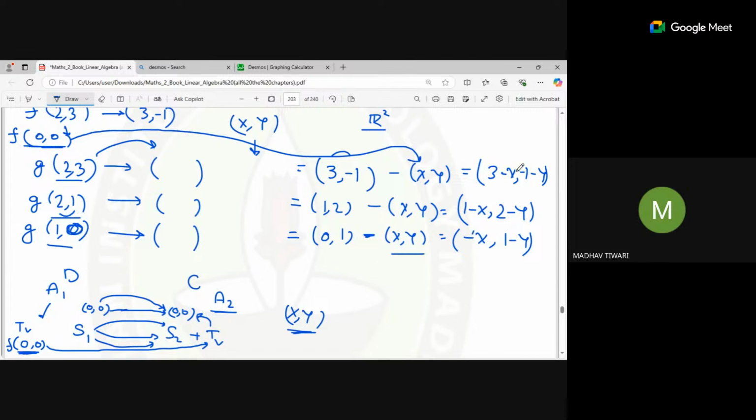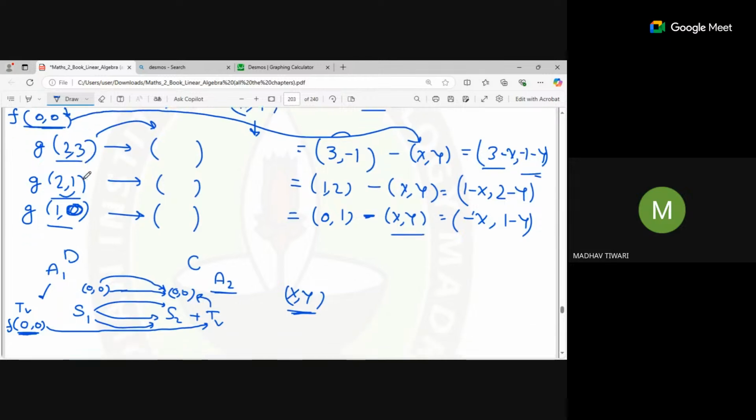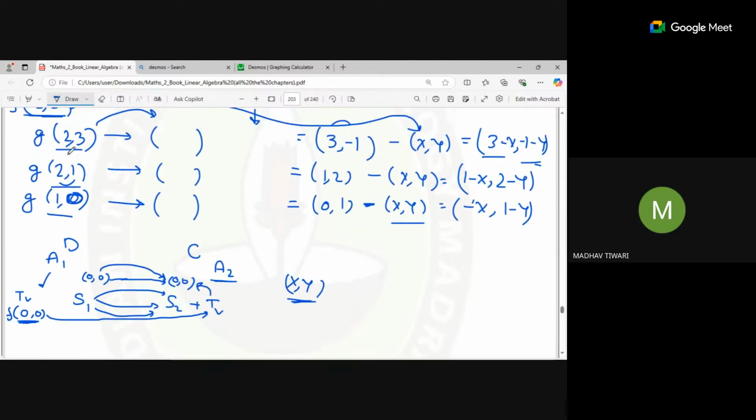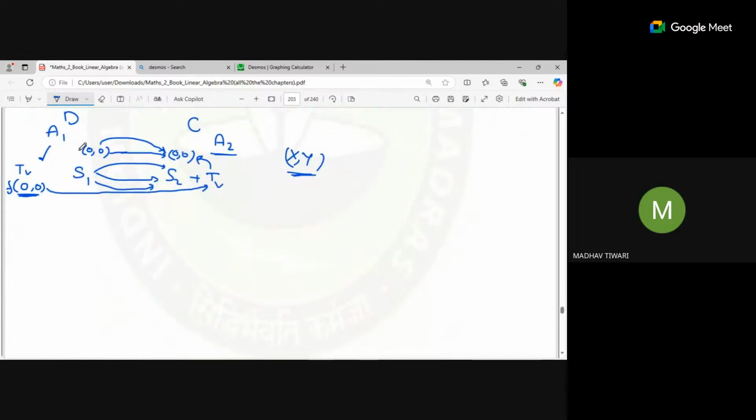So now we got these 3 points here, and we know that these 3 points can be formed by some linear combination of these components. Suppose the linear transformation of any point a comma b looks like lambda times a plus mu times b. Or let me use some other variable, otherwise it will look really boring.